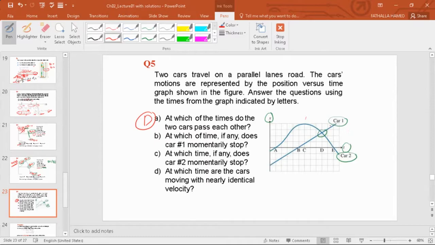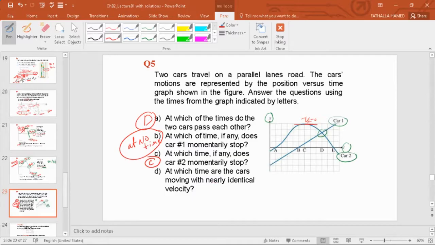So you will say at no time, okay? So there is no time when it will stop. But if you look at car 2, this is where you can basically have the Vx here equal to 0, and that happens at point C. So you say here at C.